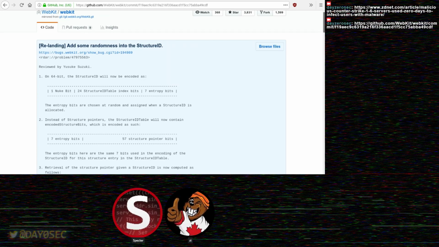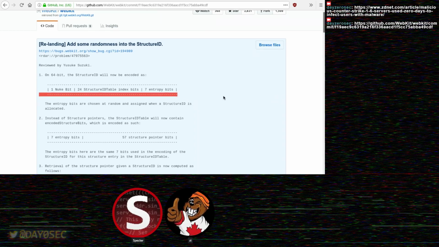The engine knows the difference between these types of objects through a structure ID, a unique identifier for that object type. To fake the type of object you want, you need to know what structure ID to put there. That's why the mitigation tries to randomize the structure ID.